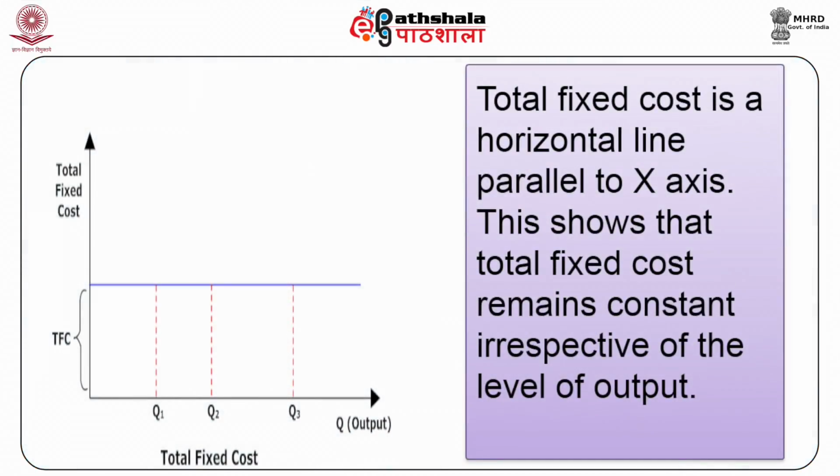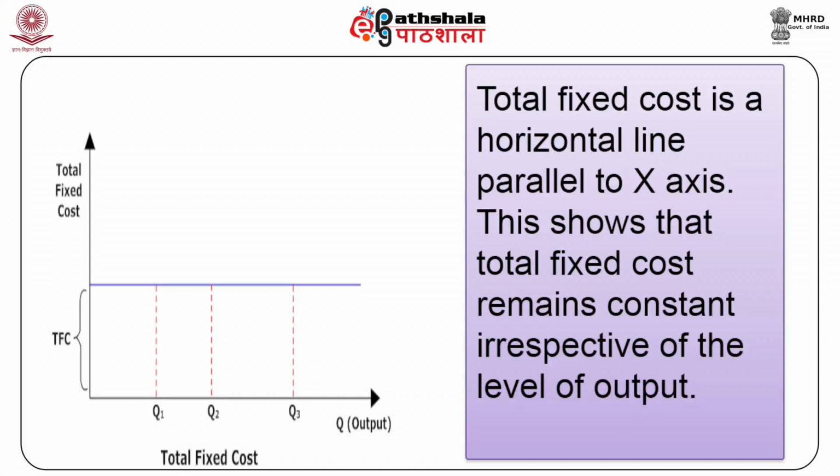So if we look at the figure about the total fixed cost, you would see that on the x-axis we have TFC, which is a fixed amount shown by the bracket. Then the total fixed cost line or curve is parallel to the x-axis, because we have just said that whether the production, which is given on the x-axis denoted by Q, is 0 or infinity.